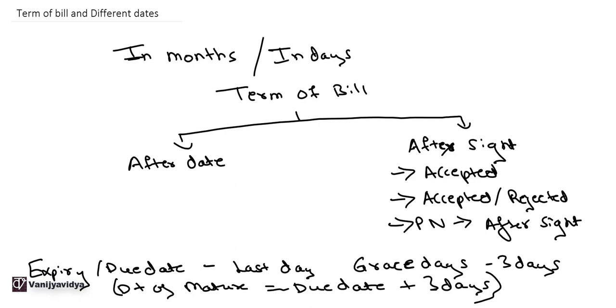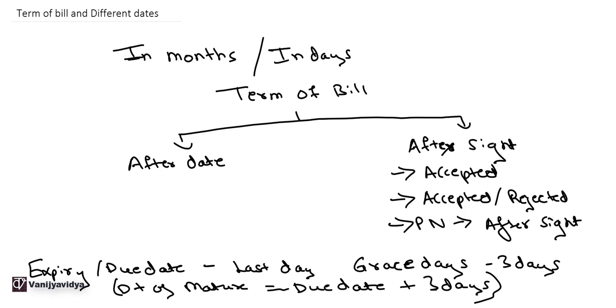So in that case, wherein the bill specifically mentions that it has to be made payable on demand or when the bill is presented for the payment, this date of maturity does not apply.